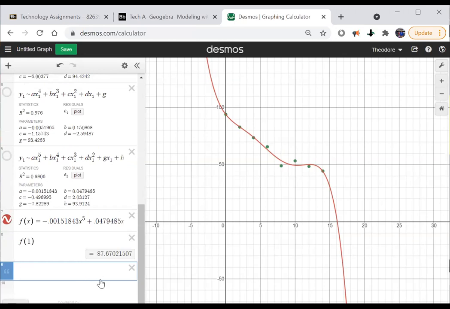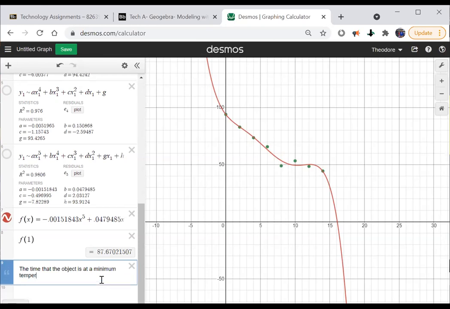But I would say the time that the object is at a minimum temperature would be 16.086 minutes.